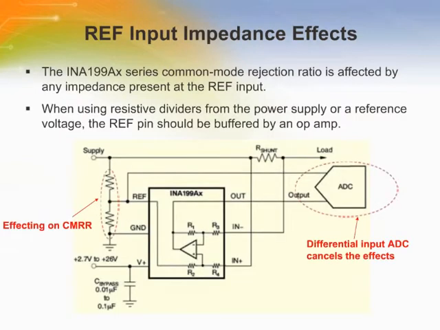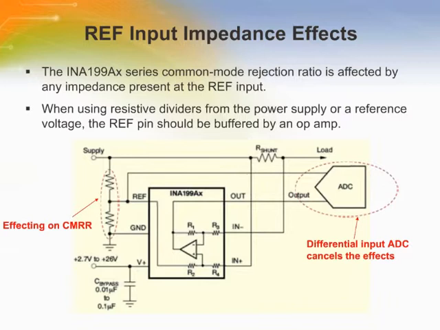The INA199A series common mode rejection ratio is affected by an impedance present at the REF input. This concern is not a problem when the REF pin is connected directly to most references or power supplies. When using resistive dividers from the power supply or a reference voltage, the REF pin should be buffered by an op-amp.